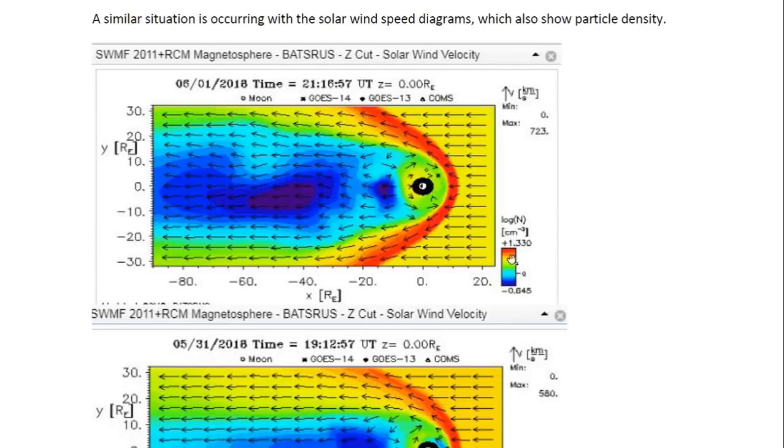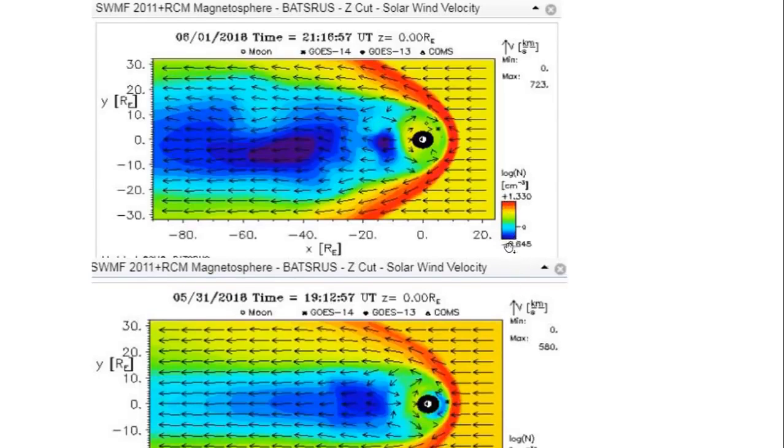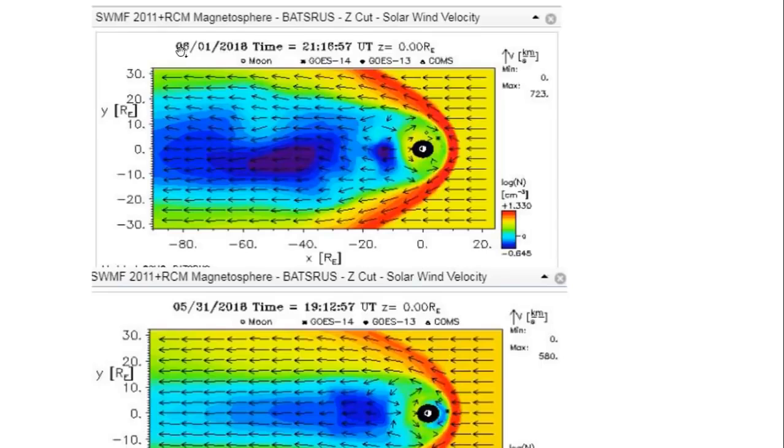So again, the same thing, we have a scale here. We have the maximum occurring density in the simulation at the top and the minimum at the bottom. And here we can see some purple has been assigned to this number of minus 0.645. And this is an image from June 1st, 2018.